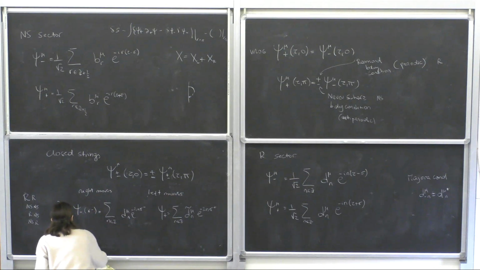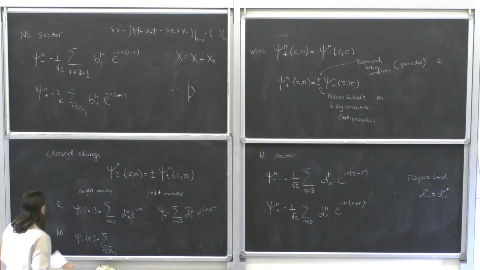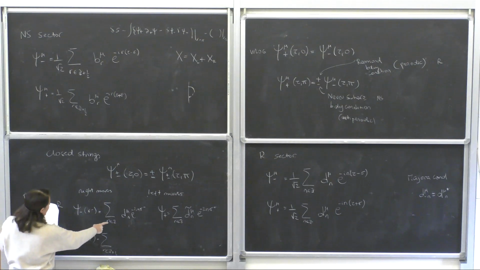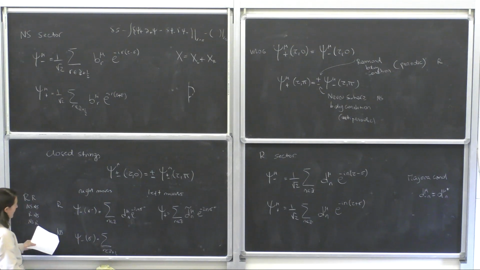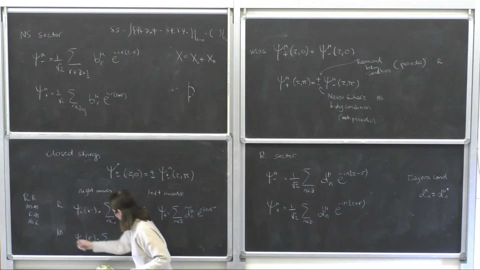And in the NS sector, I sum over r. So in the R sector, I sum over n, and in the NS sector, I sum over r. So that's the way to remember. R goes with n, and NS goes with r.